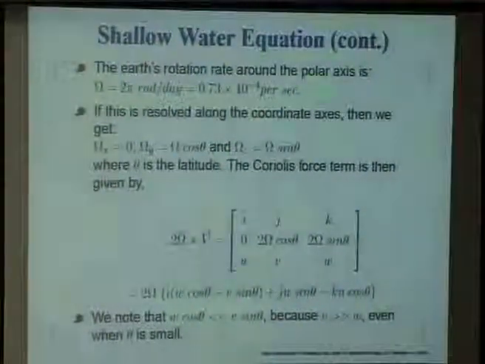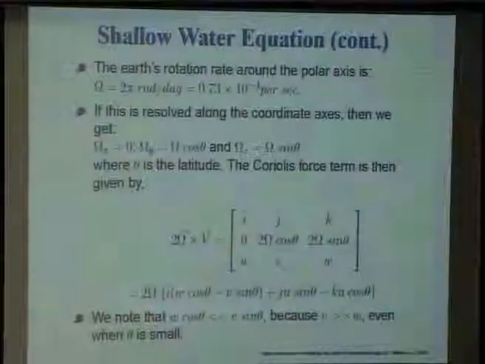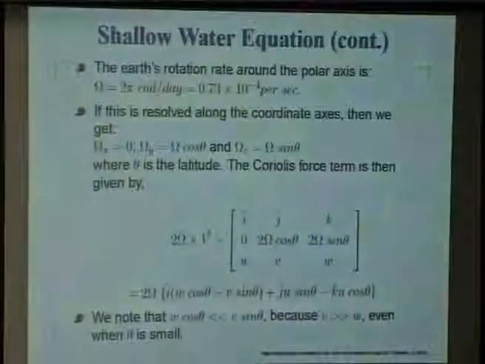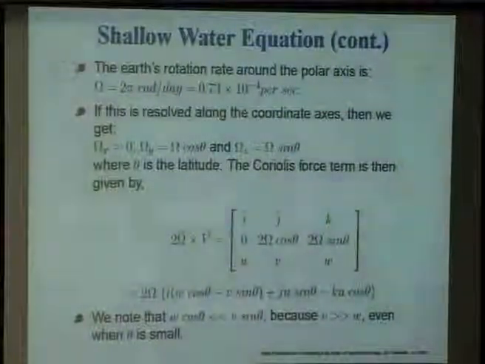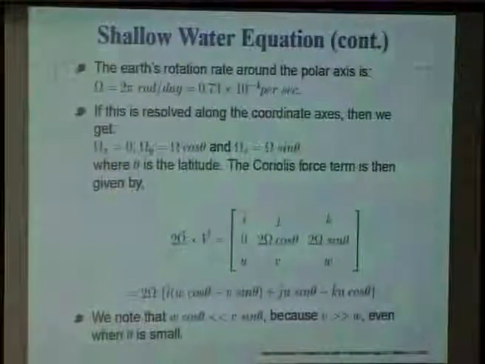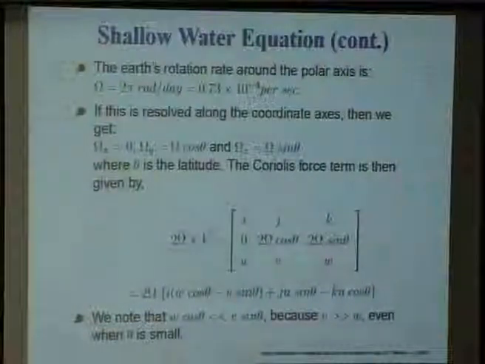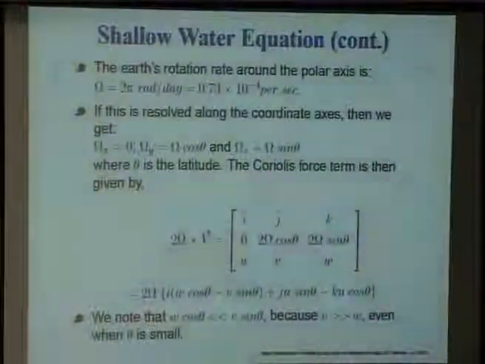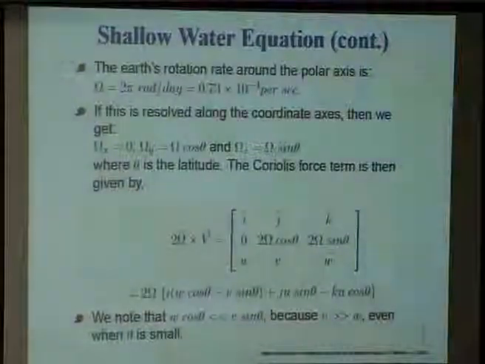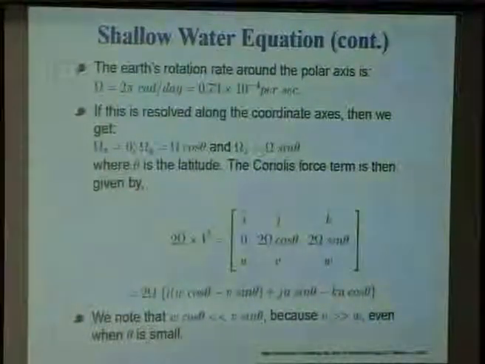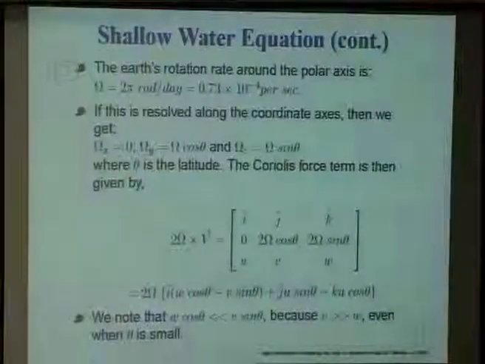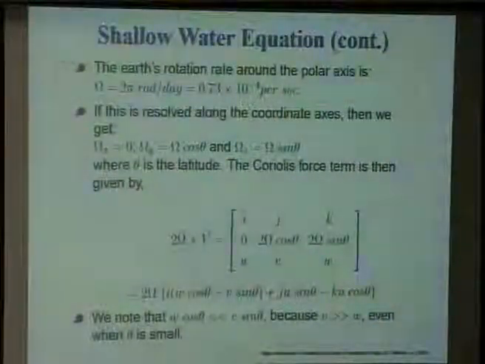The Coriolis force is 2 omega cross v, and we obtain this term. Now, since we have already shown that the W scale is much smaller than the horizontal scale, W cos theta can be considered negligible compared to V sin theta. So, in the x part we can omit this term.